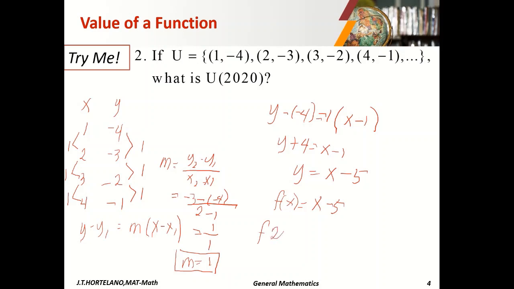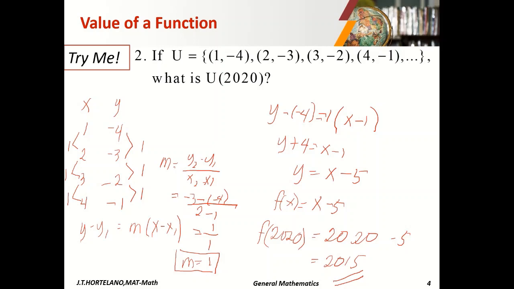So f of 2020 is equal to 2020 minus 5. And the answer is 2015.